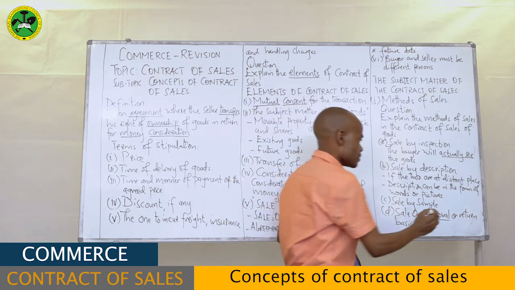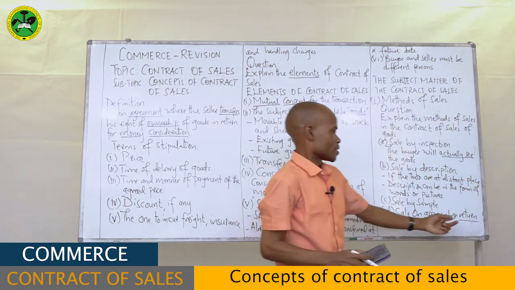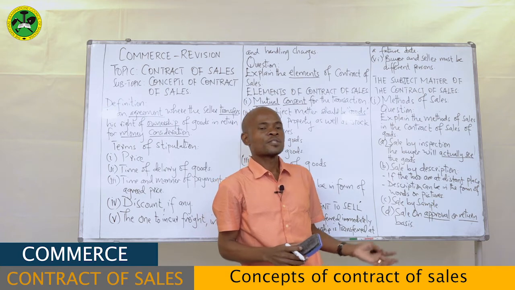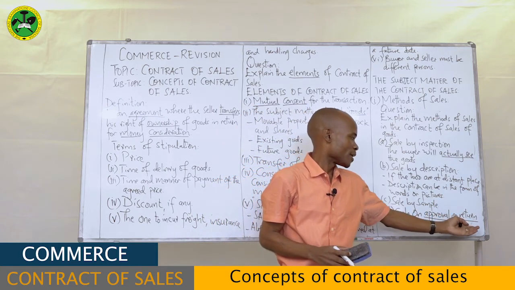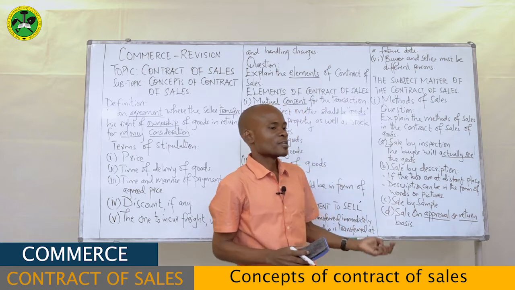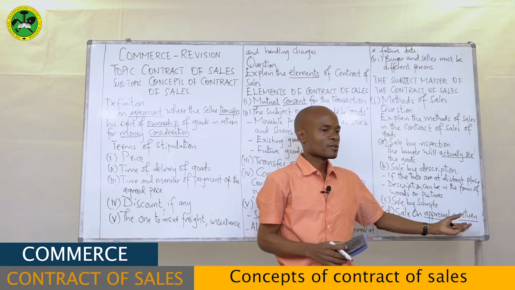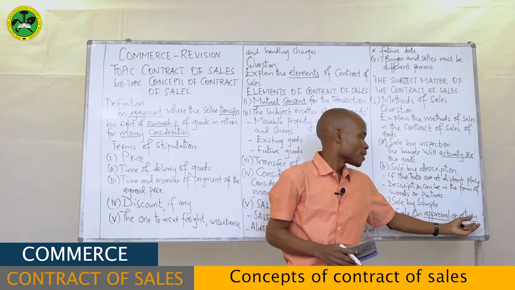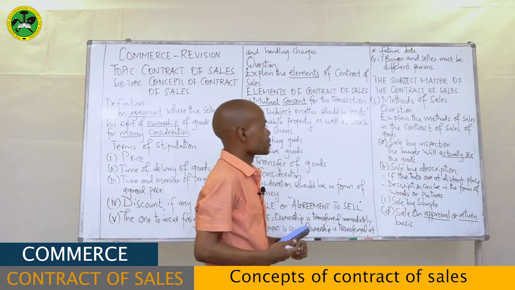The second option is return. If the goods were sent to the buyer and they have certain defects, then the buyer in this case will have to return the goods.